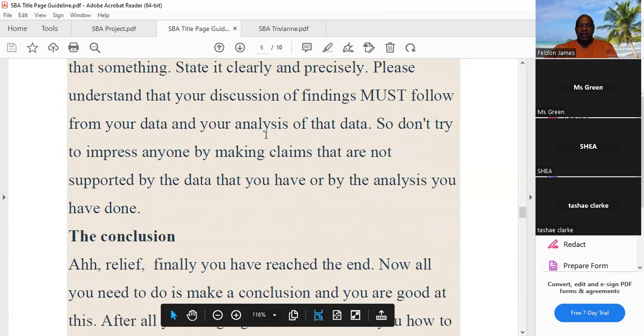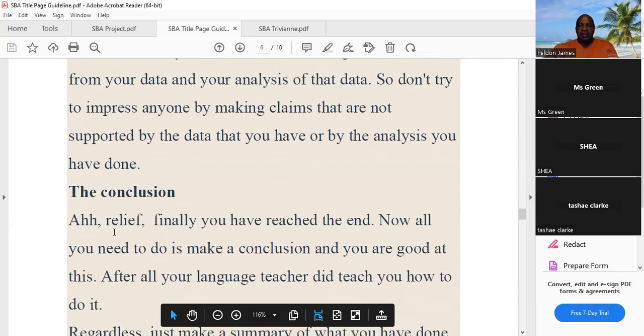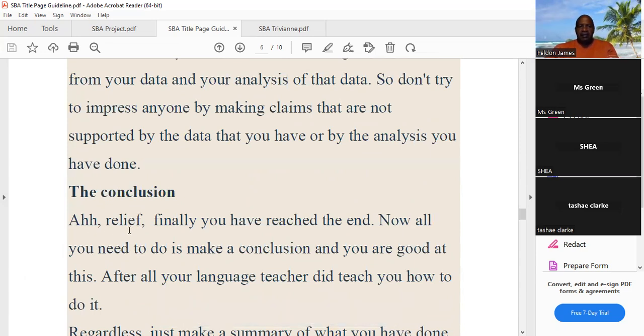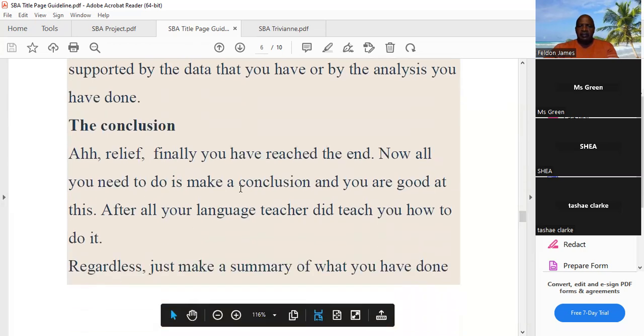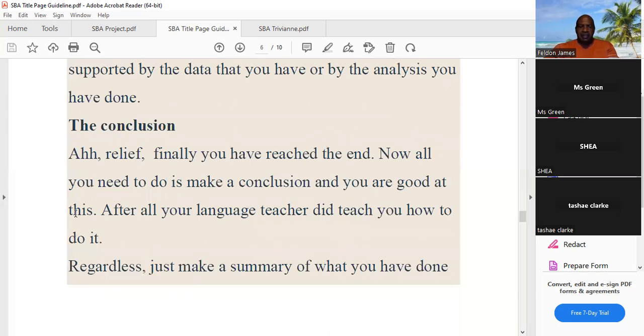So after you have done your analysis, next you have your conclusion. Relief. Finally, you have reached the end. Now, all you need to do is make a conclusion. You are good at this.